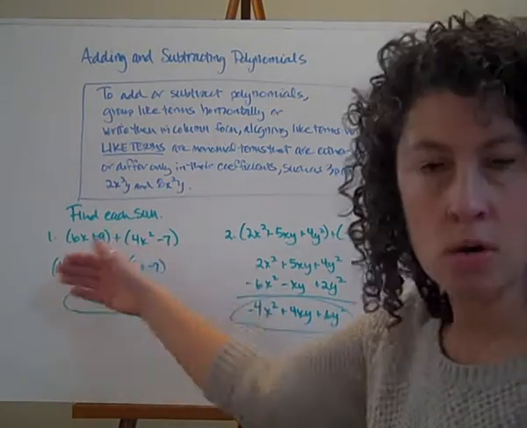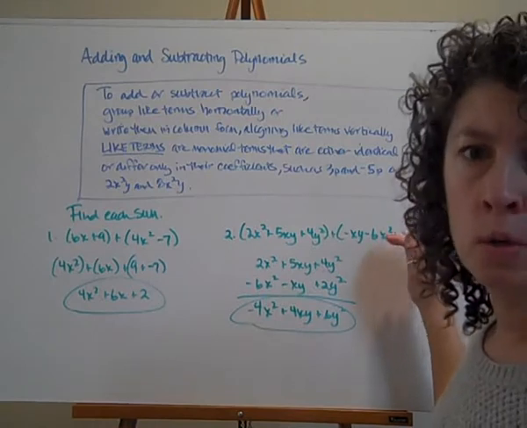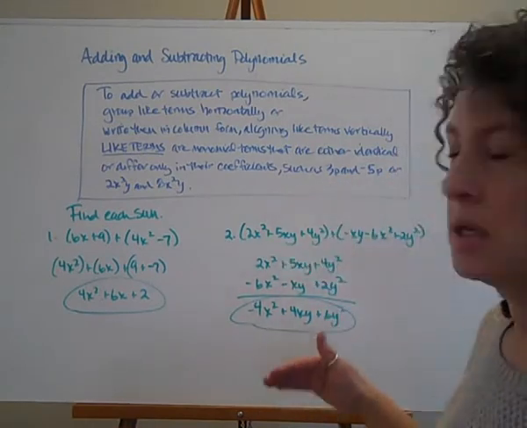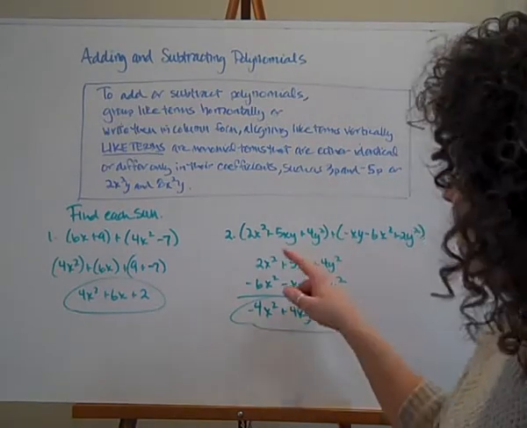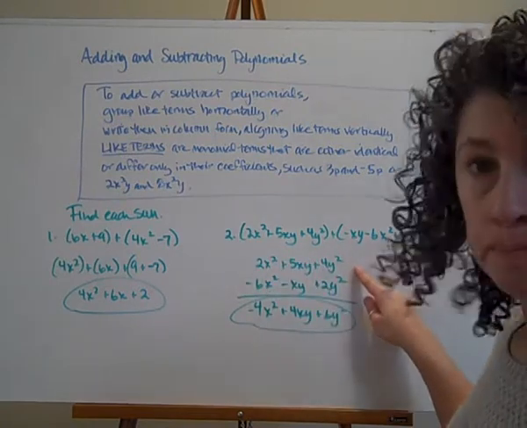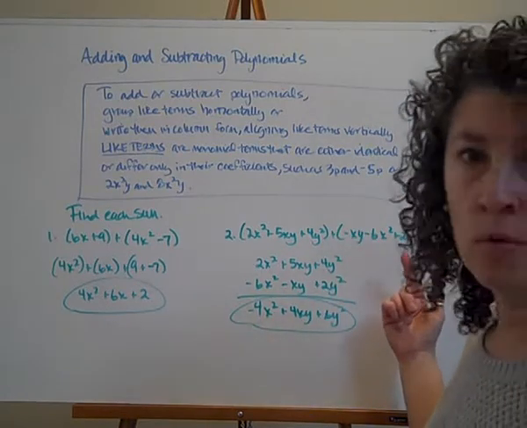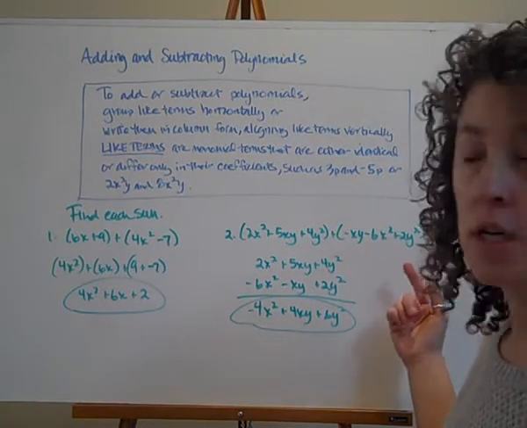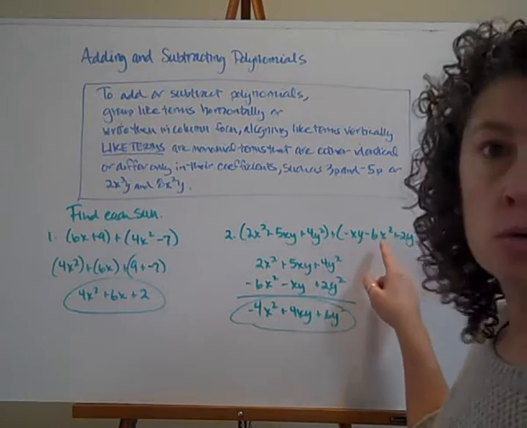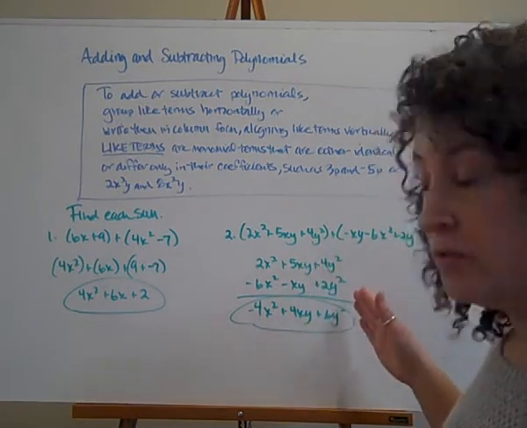So I can work with this horizontally, but especially for longer polynomials, I would suggest that you stack it vertically. So here what I've done, I've taken my 2x squared plus 5xy plus 4y squared and put that on top. And then I've taken my second polynomial, which isn't in standard form, and I've rearranged those terms so that I have like terms stacked vertically.